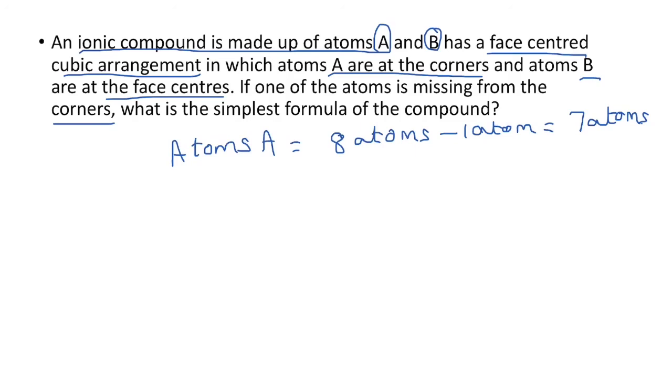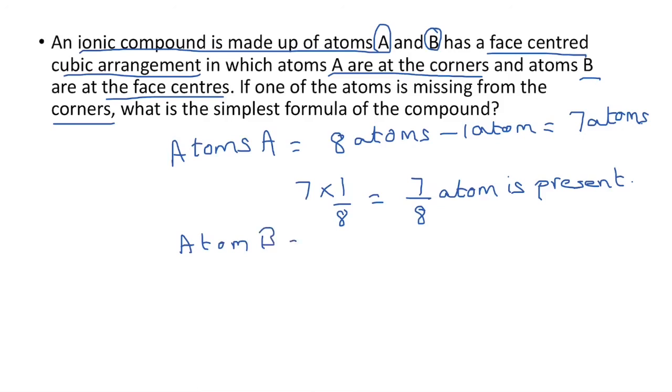Now he is saying face centered cubic. So 7 into the contribution of each atom in the corner, which is 1 by 8, is equal to 7 by 8 atom present. Now let's look at the face centers. Atom B is present in the face centers.